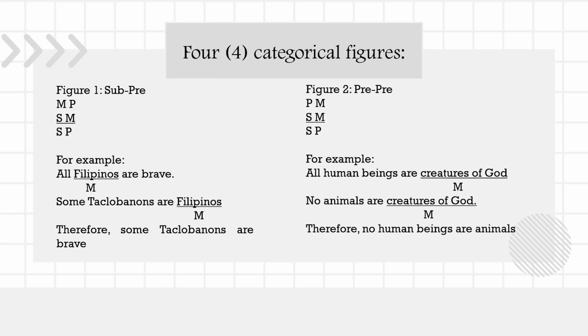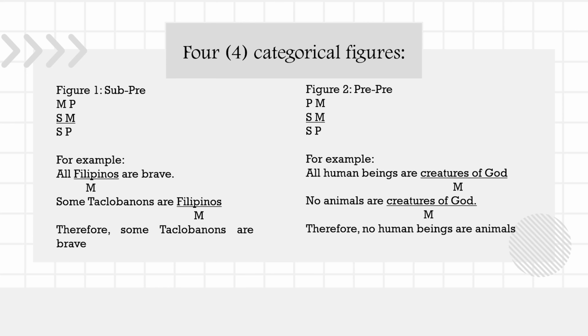In Figure 1, it represents a syllogism or a logical argument structure known as sub-pre, in which the middle term connects the first premise, all Filipinos are brave, and the second premise, some Taclobanans are Filipinos, to reach a conclusion, some Taclobanans are brave.